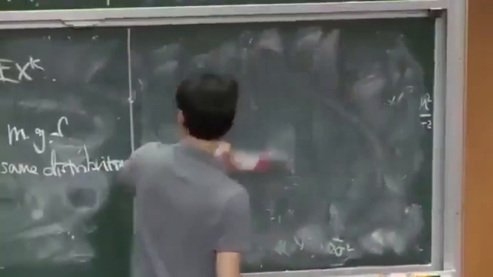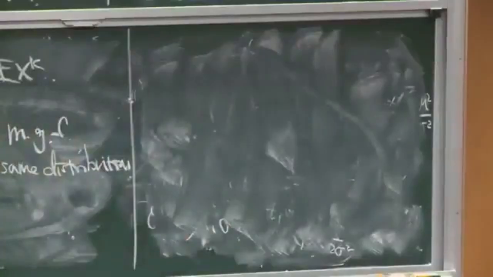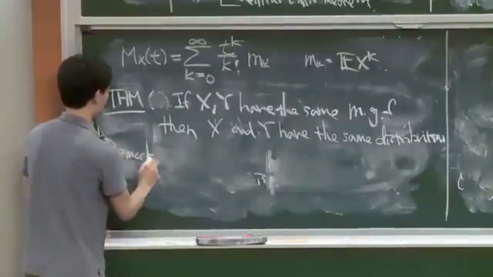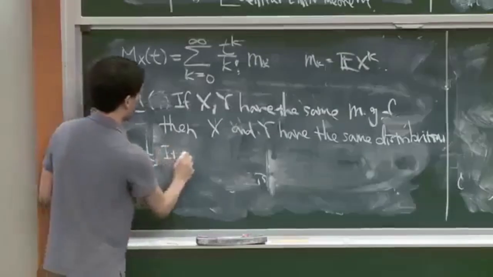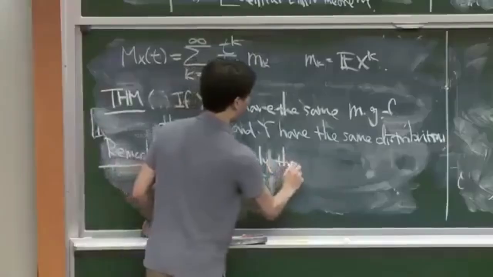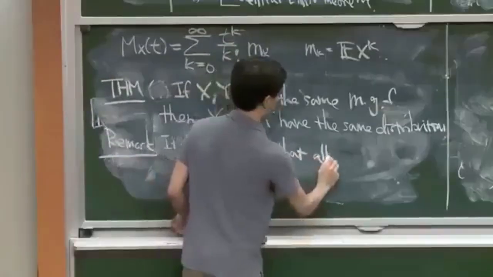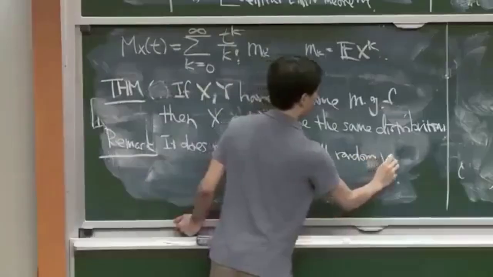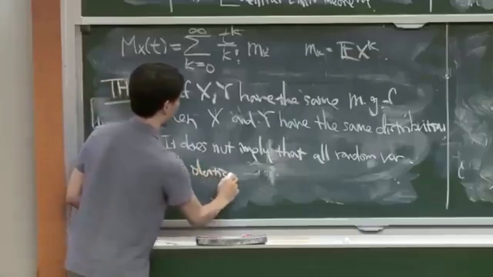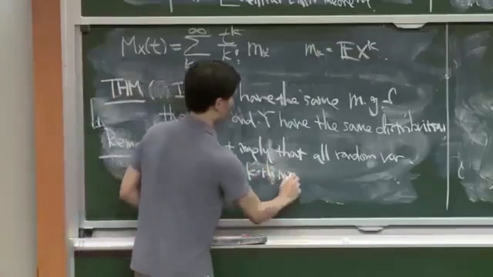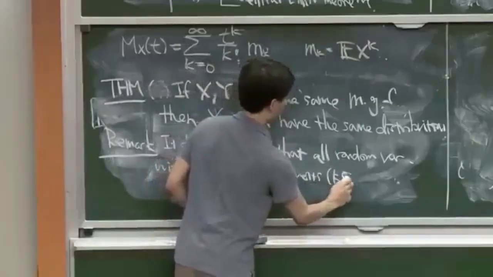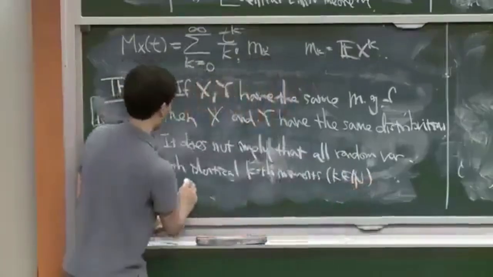However, be very careful when you're applying this theorem, because, remark, it does not imply that all random variables with identical k-th moments for all k have the same distribution.